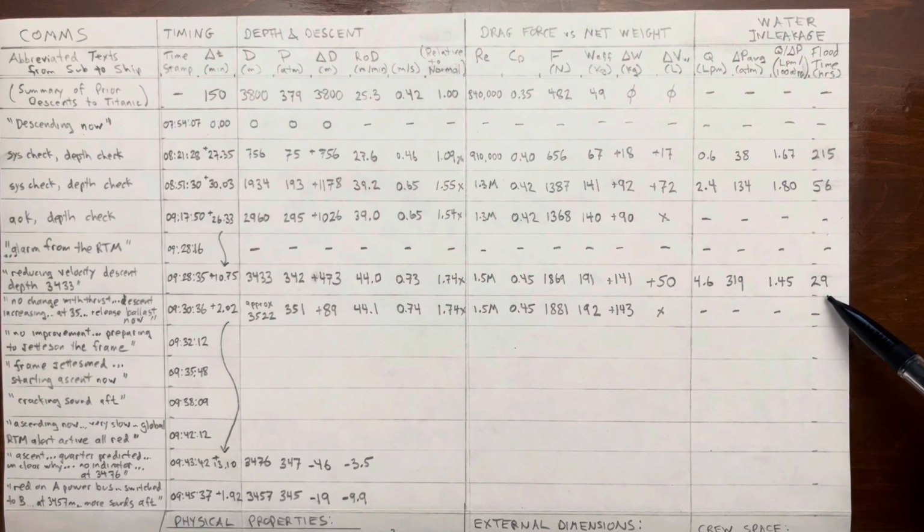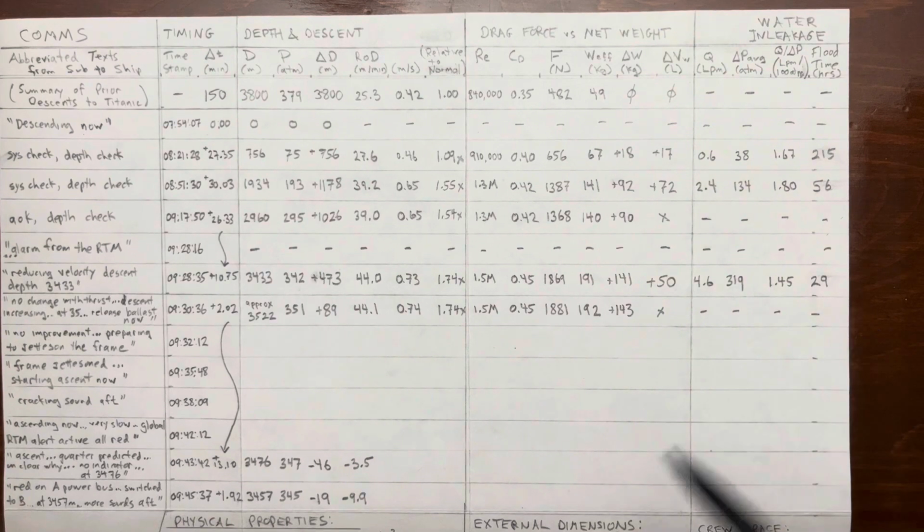On top of that, as we saw, their rate of ascent with both vertical thrusters was just under 10 meters per minute. That would be 345 minutes, but that's assuming they could sustain that.